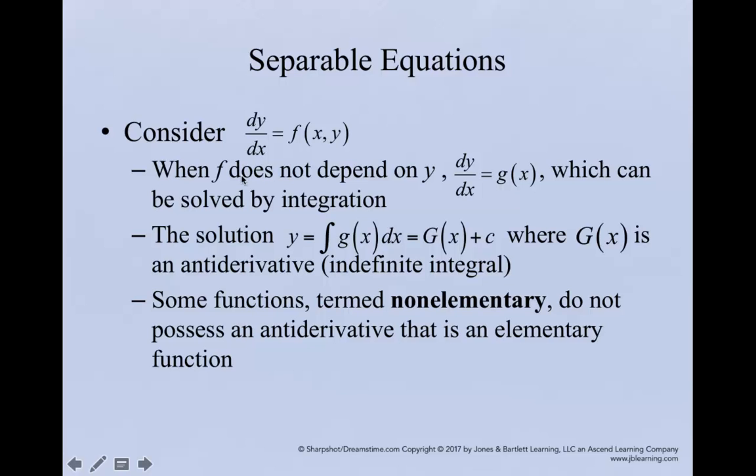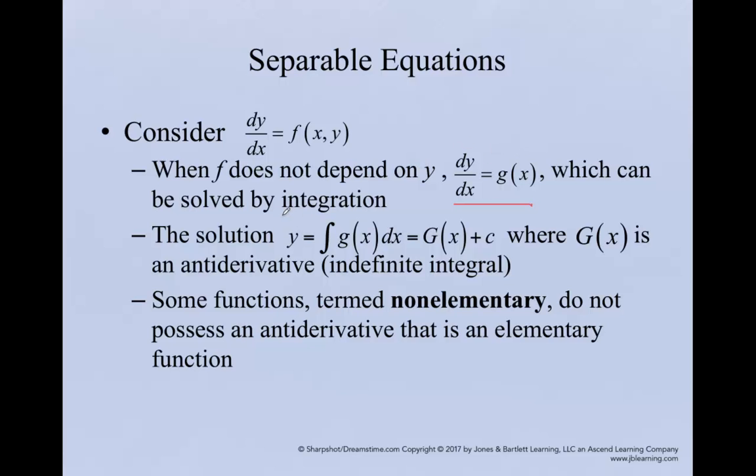Now in the case where this function of x and y does not depend on y, in other words dy/dx is some function of x only, we can then solve this by integration. Basically, you would multiply both the left and the right side of this equation by dx, yielding the equation dy = g(x) dx.